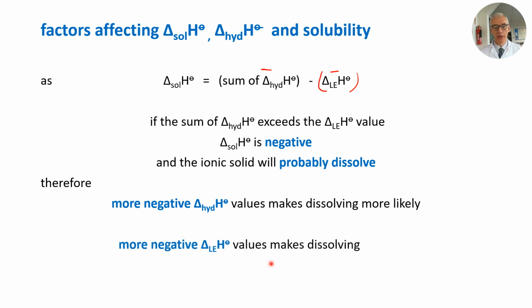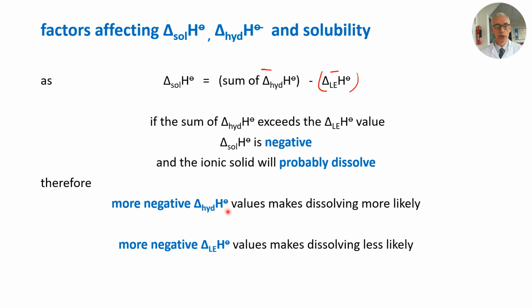Conversely, the more negative the lattice enthalpy, that is, the stronger the bonding in the lattice, the less likely dissolving is to occur. So the lattice enthalpy is fairly intuitive. The more negative the lattice enthalpy, the more strongly attracted are the two ions within the lattice, so they're much less likely to separate and form free aqueous ions.